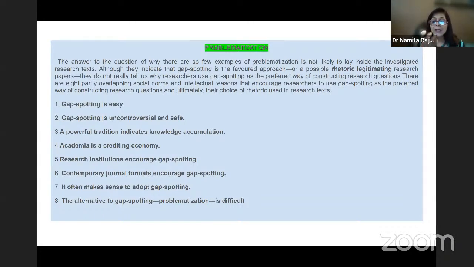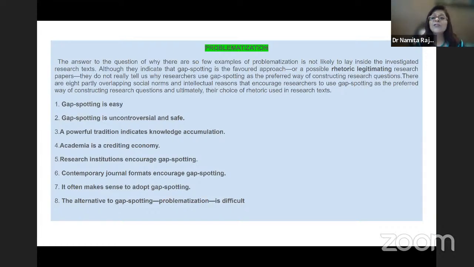People have a strong liking for gap spotting. Why? Gap spotting is easy. It is uncontroversial. It is absolutely safe. And a powerful tradition indicates knowledge accumulation.